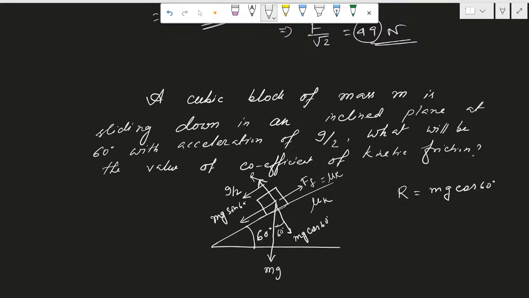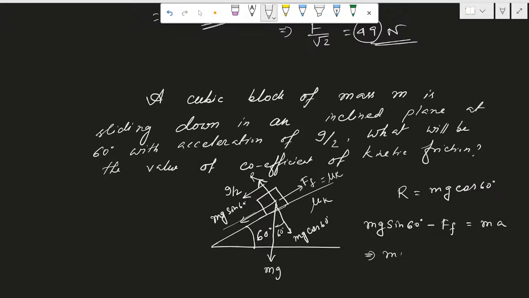Now if you compare the sidewise forces, that is mg sin 60, because it's coming down, I have to write that component first, minus f of f is equal to ma, that is f net is equal to ma, and a is g by 2.